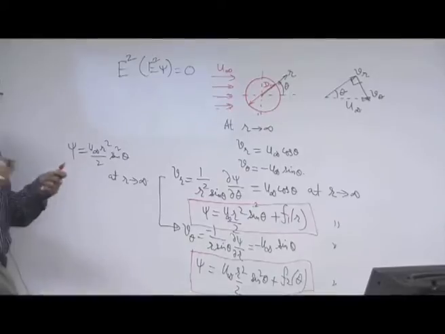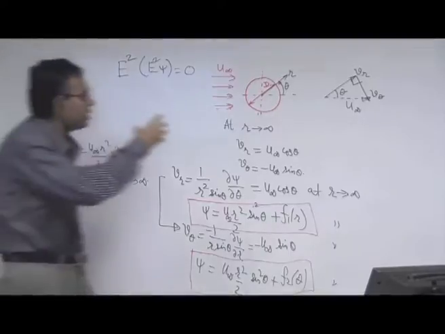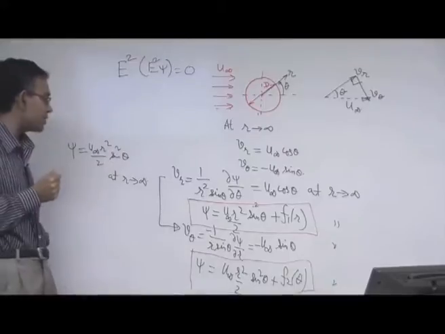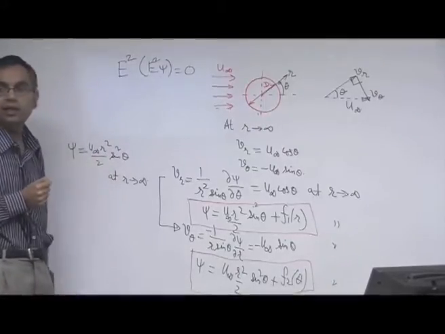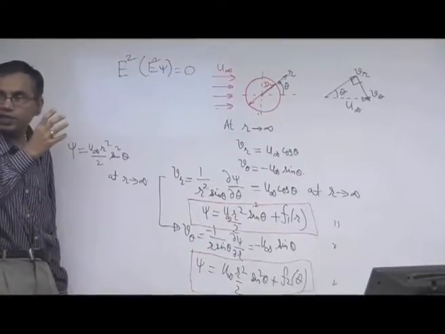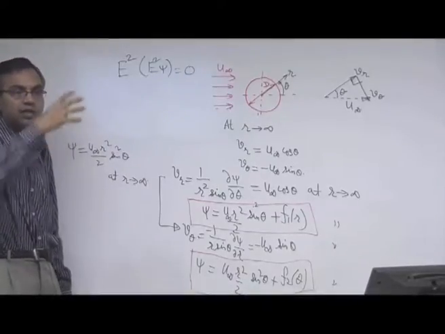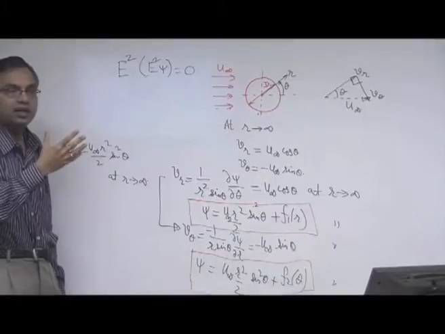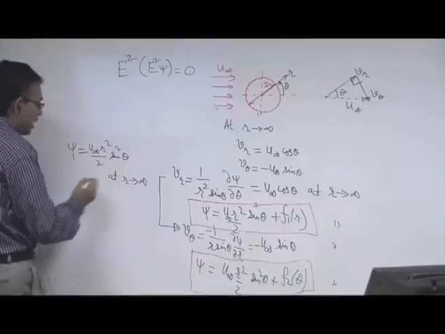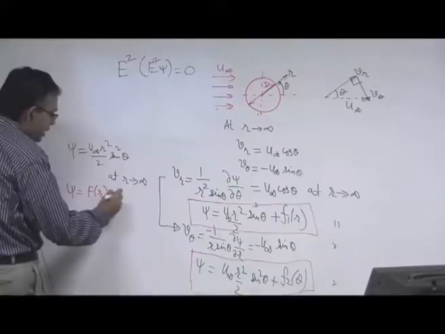Now, this is at r tends to infinity. When r is not tending to infinity, but is a location somewhat closer to the surface of the sphere, what is expected to change, the r dependence or the theta dependence? The r dependence is expected to change as you bring the situation from the far field to the near field, because that has created a change only in r, not in theta. So, for a general case, we can write psi equal to some function of r into sin square theta.